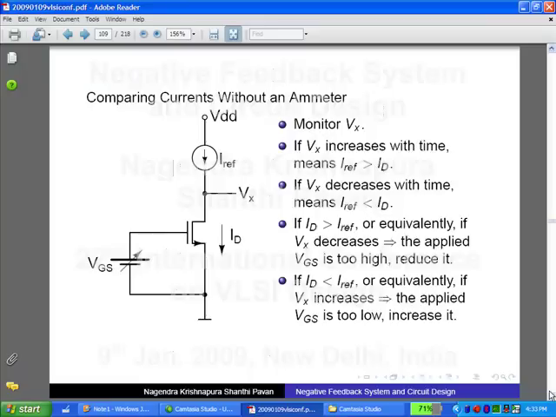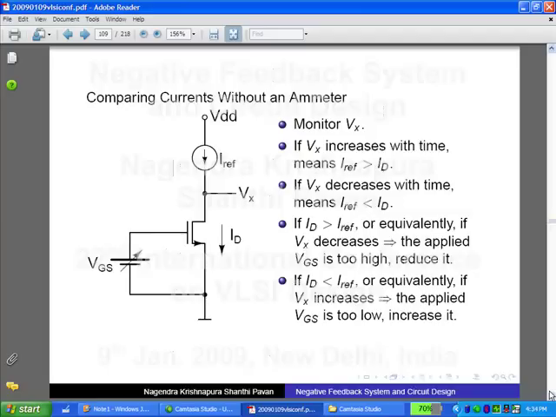If this node potential is going up, it means that this current is smaller than this current, which means that VGS is too small, I must increase VGS. But I have decided that I am going to keep my source fixed, which means that I must increase VG. Correct? On the other hand, if I notice that this potential is going down, what will I do?